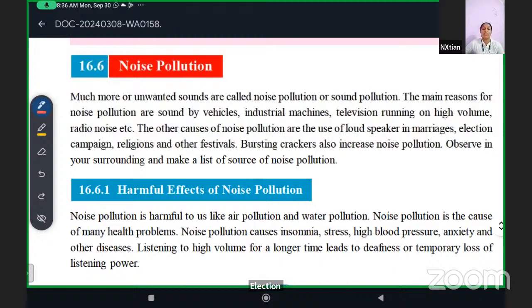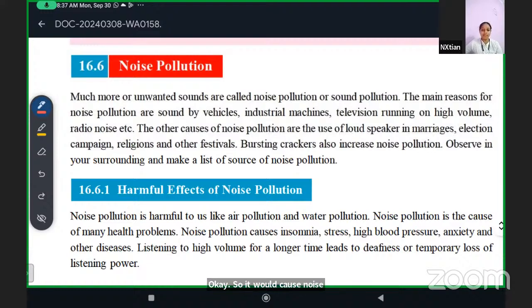They blast very high music that the whole locality can hear late into the night. That disturbs the environment, so it causes noise pollution.